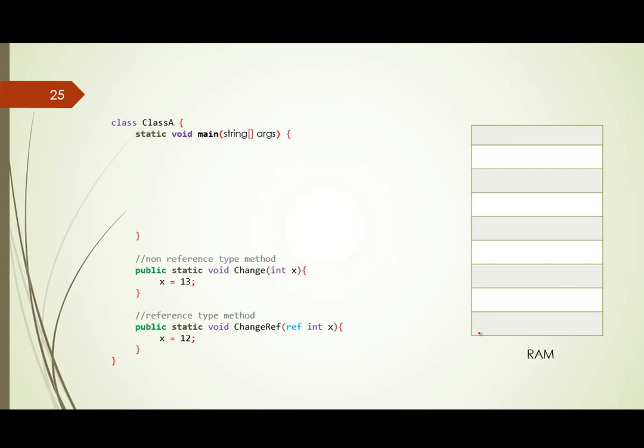Let's say an int. So what will happen? Let's say we have an int of 51 and it creates a new memory location with 51. So when you print x, it prints that number, and when you pass it to change, it really copies the x to here.